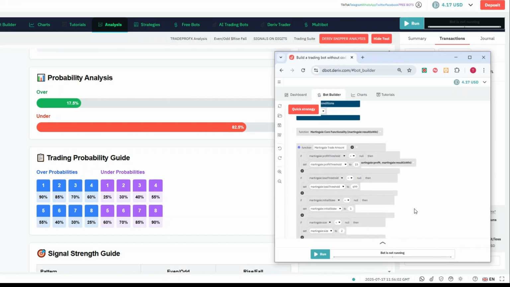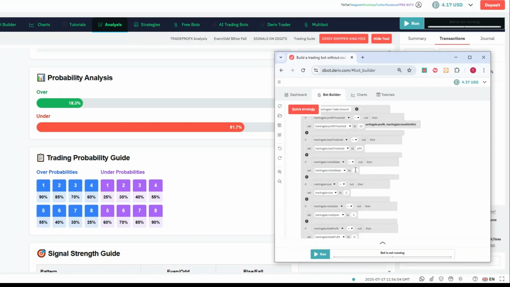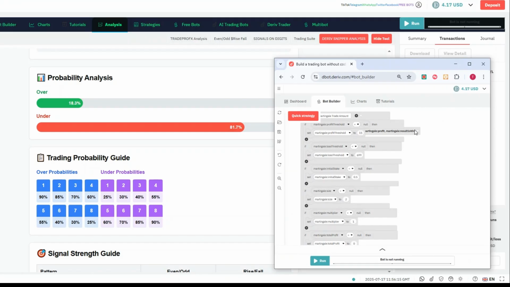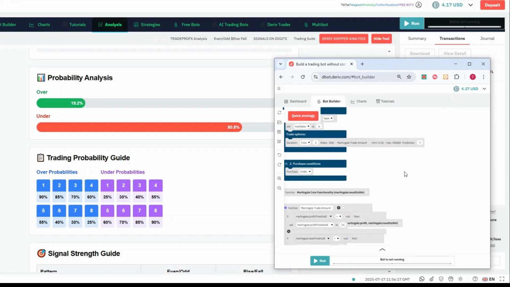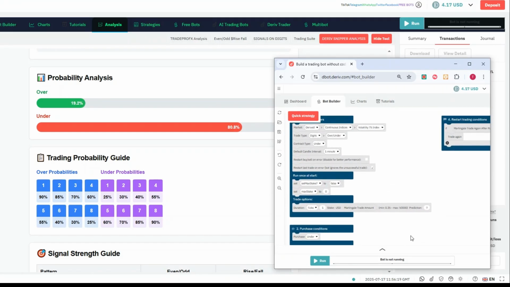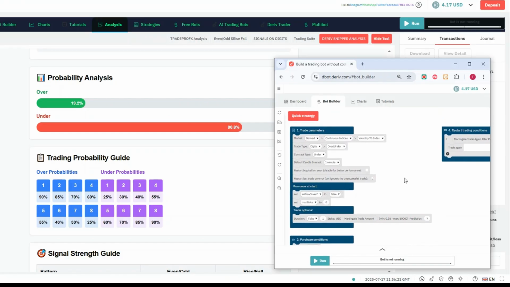So for the stake, let's use the martingale size of 2, and then we need to change the stake to 0.50. That's what you should be using if you have a small stake. So that is it. And then if we get the right entry, we can run our bot.